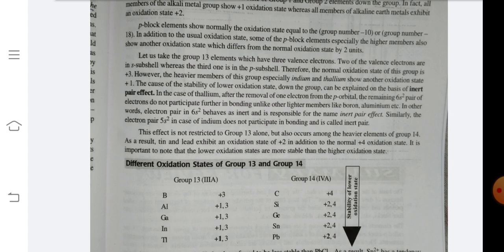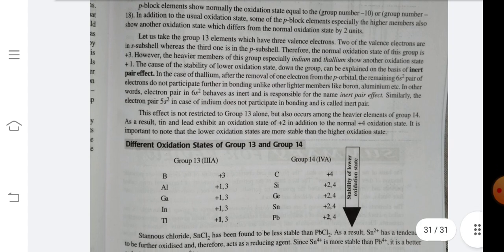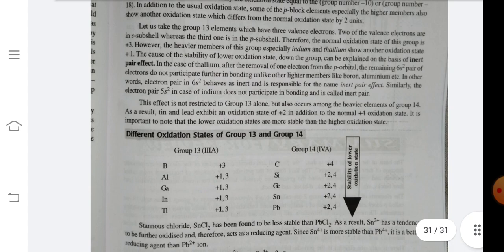Let us take the group 13 elements, which have 3 valence electrons. 2 of the valence electrons are in the s subshell, whereas the third one is in the p subshell. Therefore, the normal oxidation state of this group is +3. However, the heavier members of this group, especially indium and thallium, show another oxidation state, +1. The cause of stability of the lower oxidation state down the group can be explained on the basis of the inert pair effect.